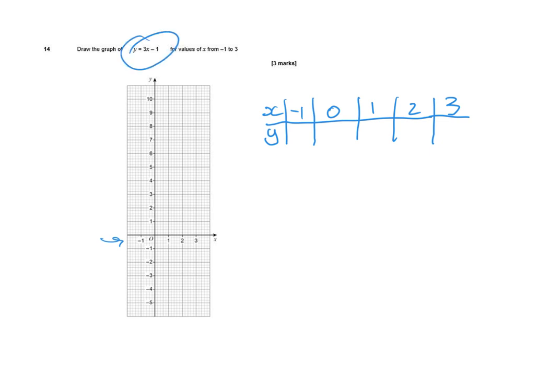That's the rule that links the x and the y numbers. So if x is 3, 3 times 3 is 9, take away 1, that gives me 8. If x is 2, 3 times 2 is 6, take away 1 is 5. If x is 1, 3 times 1 is 3, take away 1 gives me 2.